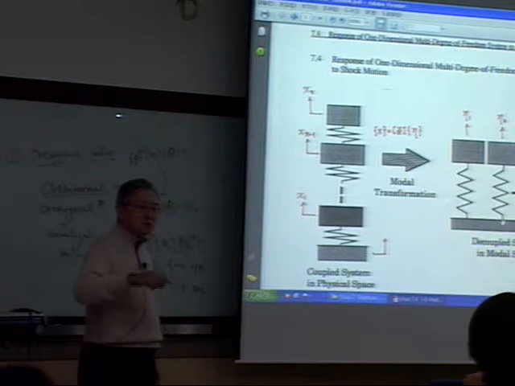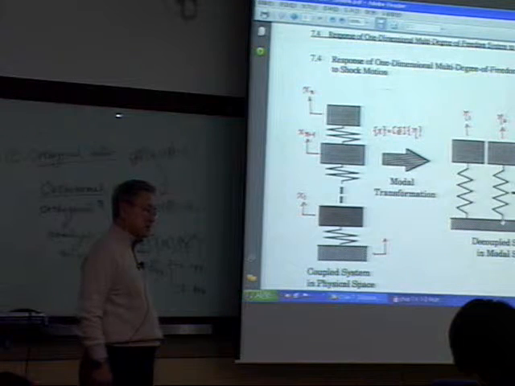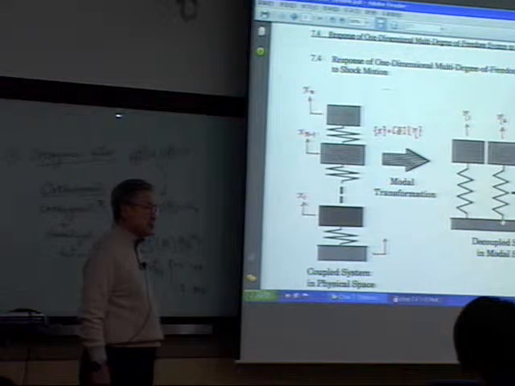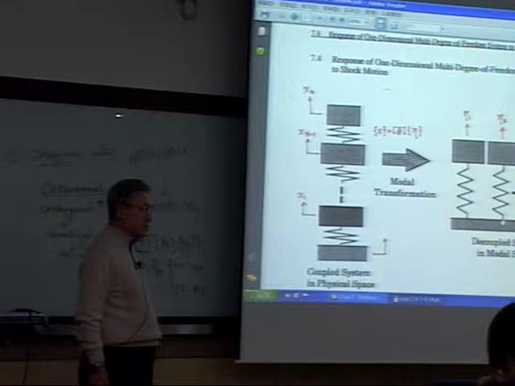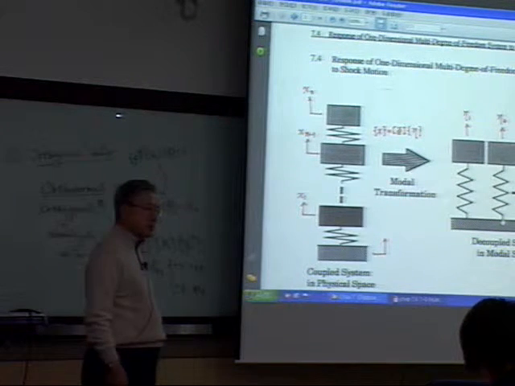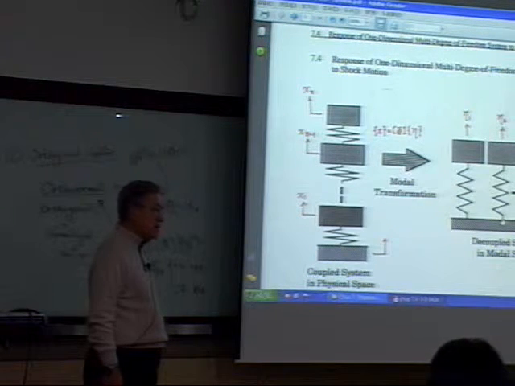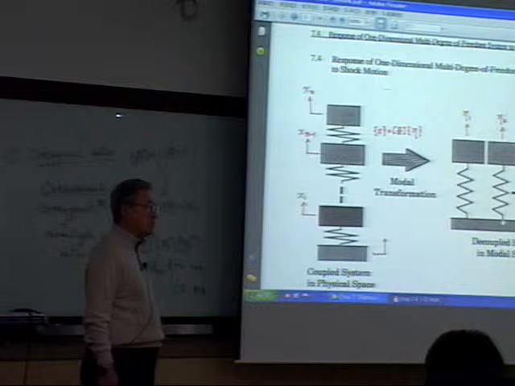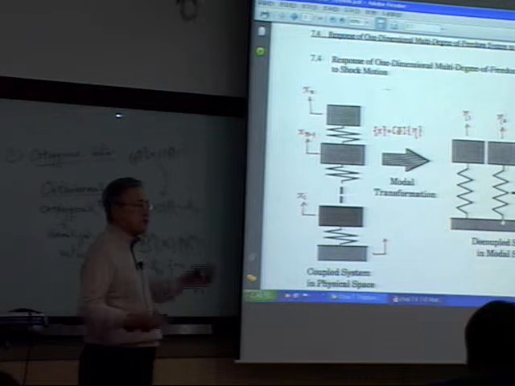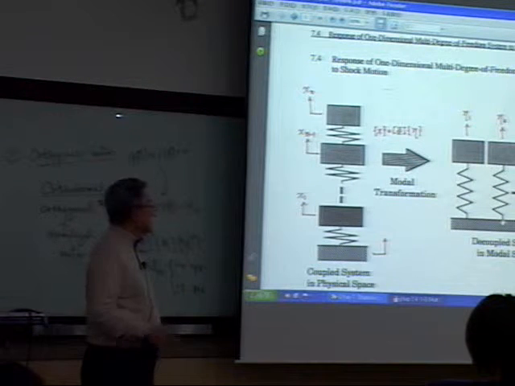Always relative to the base. This is a very important assumption to solve the problem, which makes the system equation symmetric and orthonormal and makes life very easy. Otherwise, it's a fully coupled system and you get lost forever.